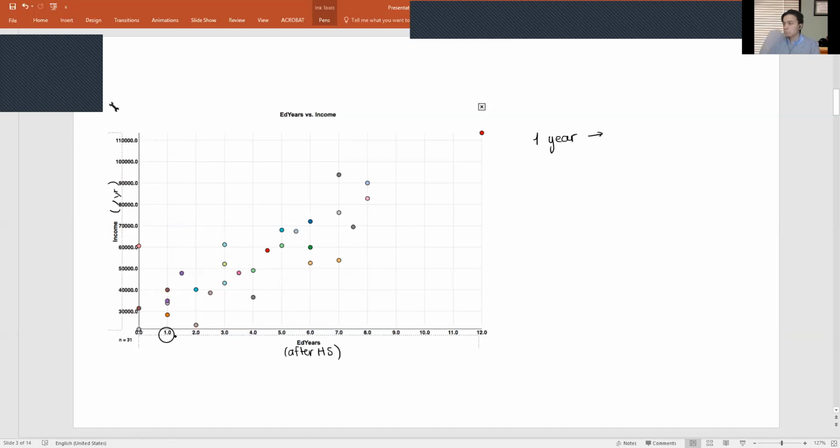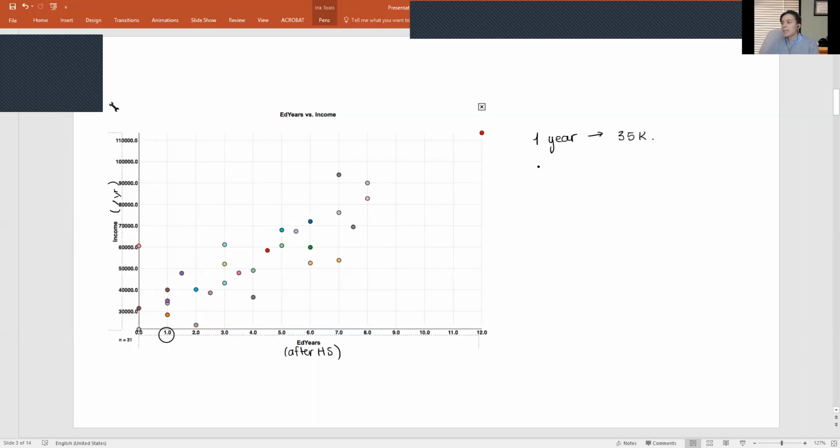Anyone? Like around 35,000. Around 35,000, right? Because it looks like it's between maybe 29,000 and 40,000 with a couple of values over here. So maybe it's this value over here, right? So it's about 35,000 per year.